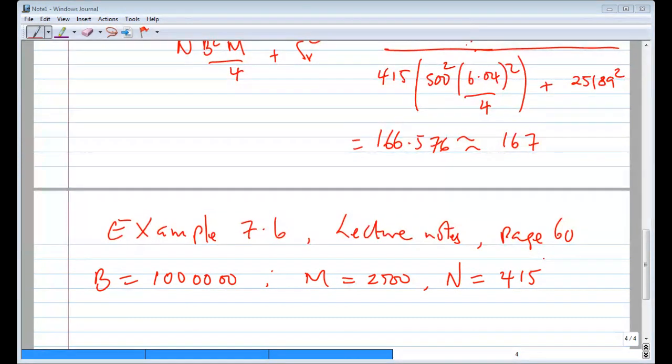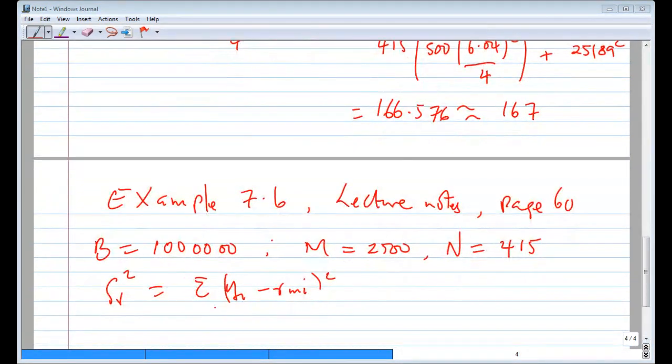Okay. There's another information. And the sample variance s_r squared, which is equal to the summation of y_i minus r m_i, all squared, divided by n minus 1. It's equal to what?